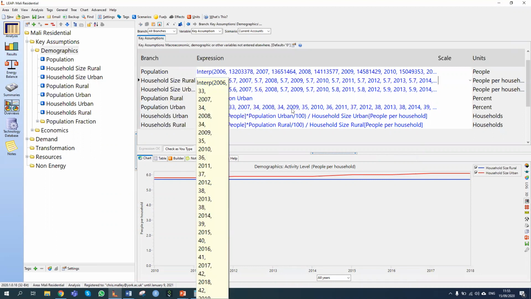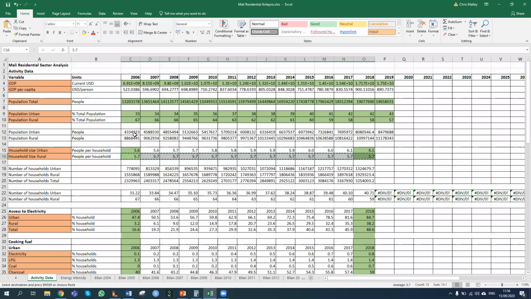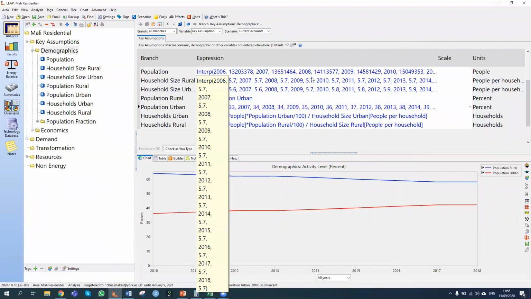I then have the percentage of the population that live in urban areas here. But look what we've done for rural areas. We could have copy and pasted this value here, the percentage of households in rural areas, but we don't need to.